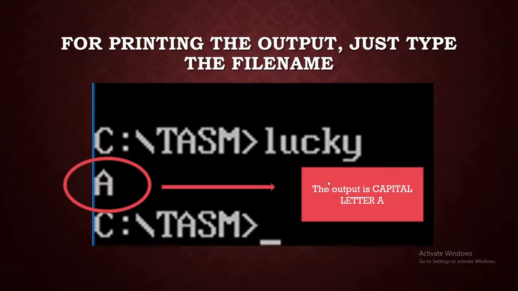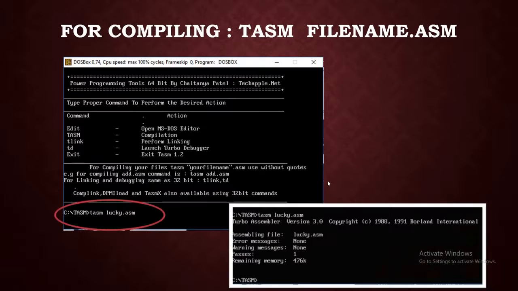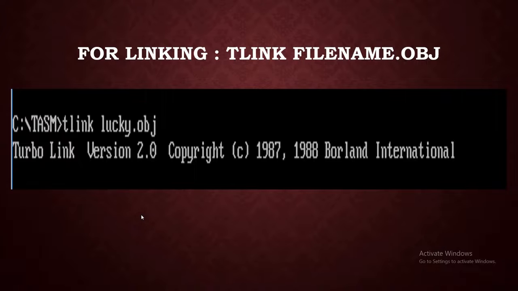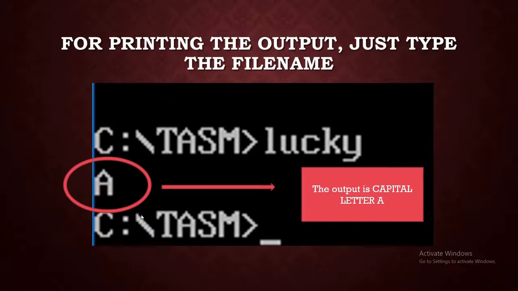And then we also have, if we would like to display our output after typing or executing the different steps or basic functions, all you have to do is put the name of your file without the .asm, just purely the file name, and it will show you the output.